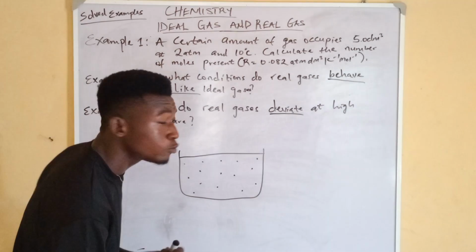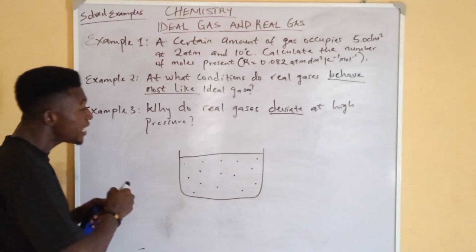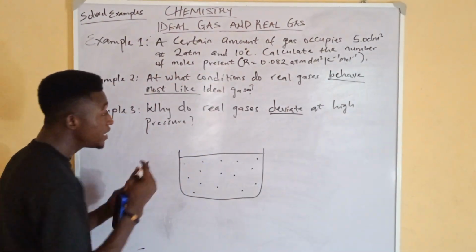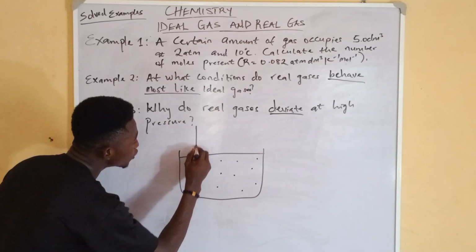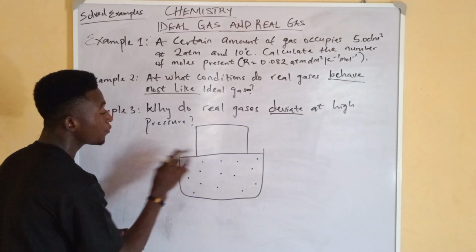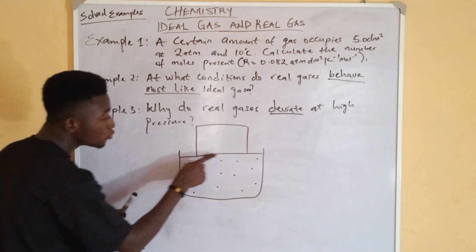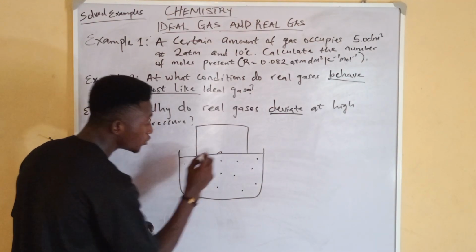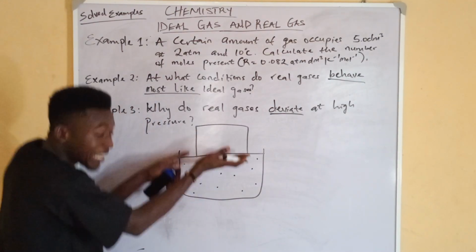Now let's assume that a stone or a big load is dropped on the surface of the pot. What will happen to this cover here? It will press down.